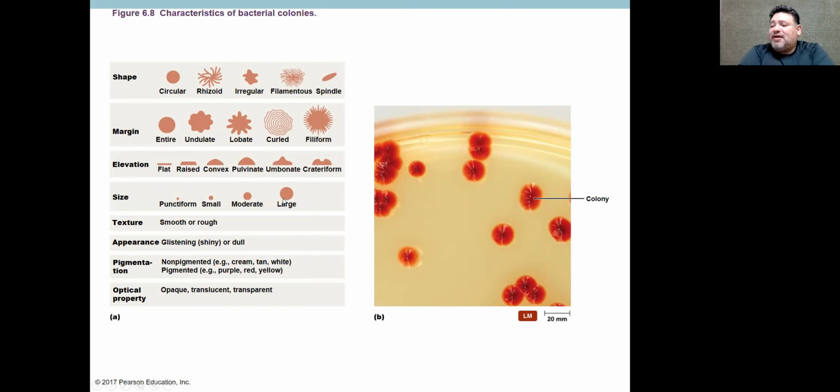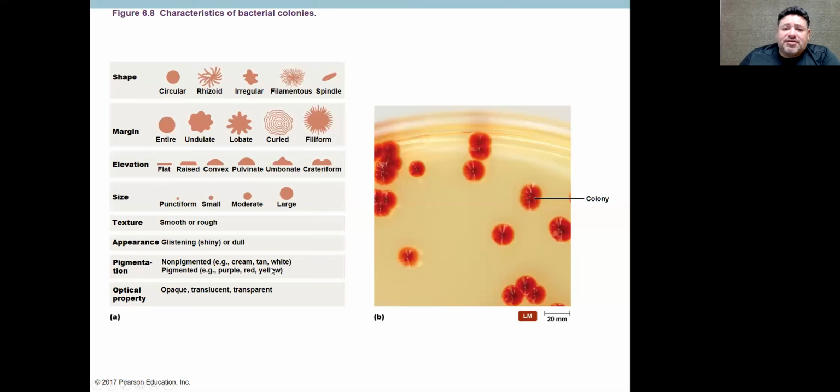The texture, if the colony is smooth or rough, that means that it's different organisms. Is it glistening or dull? K. pneumoniae, for example, has a mucoid look to it and is very shiny. So if you see a mucoid or shiny colony, you can tell that it's K. pneumoniae. Pigmentation, you can have purple bacteria, red bacteria, yellow bacteria, buff bacteria.